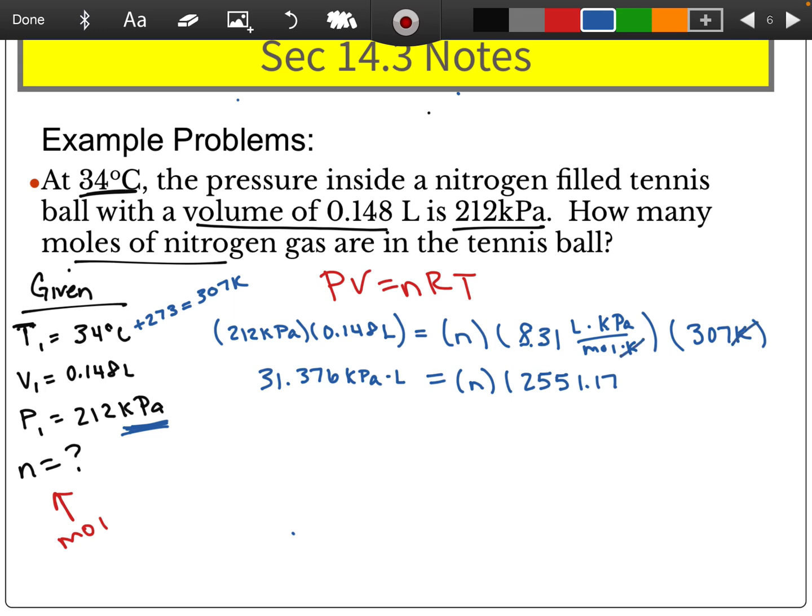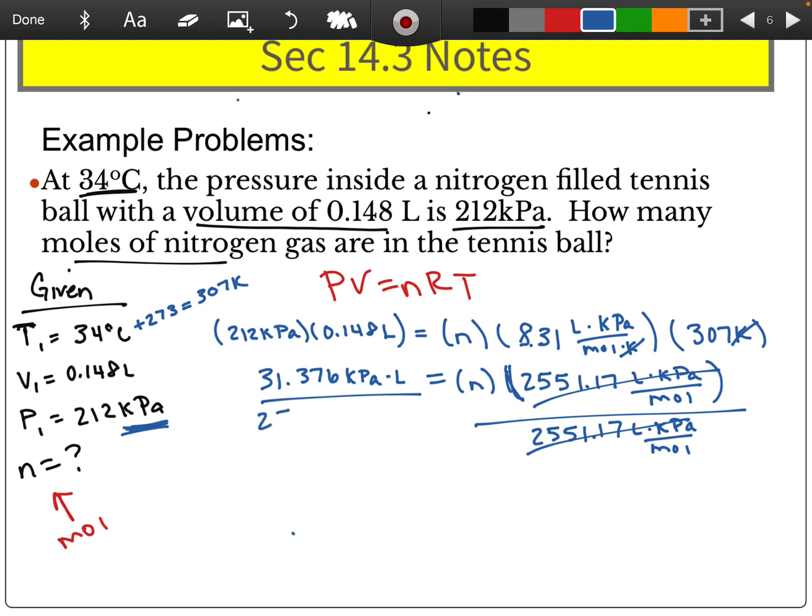The only unit that cancels out over here is Kelvin, so we still have liters times kPa over moles. So then to get n by itself, we have to divide each side by 2,551.17. So then all of that cancels out.